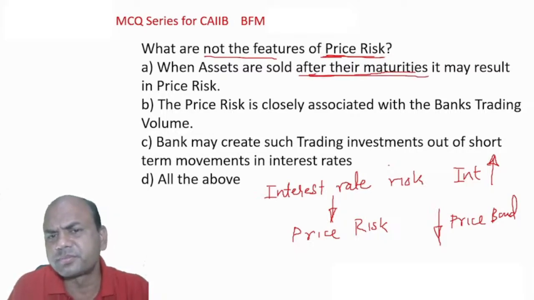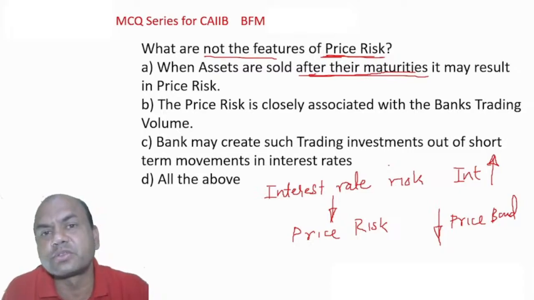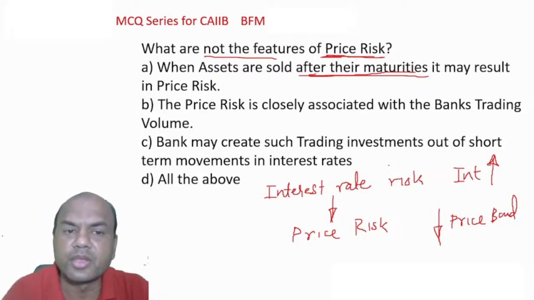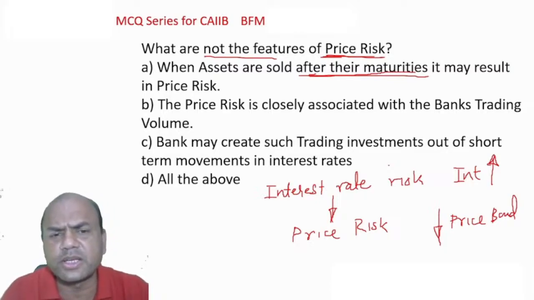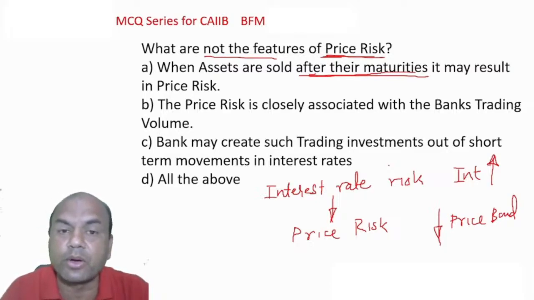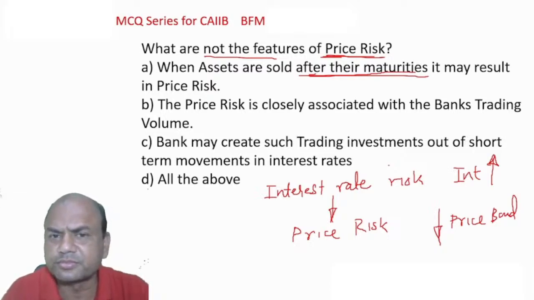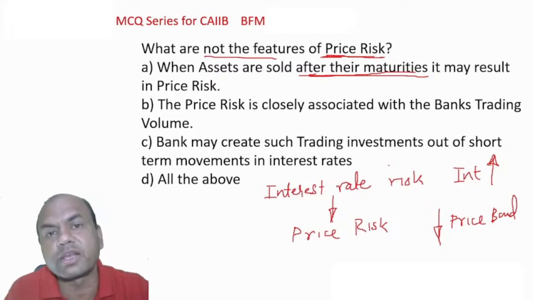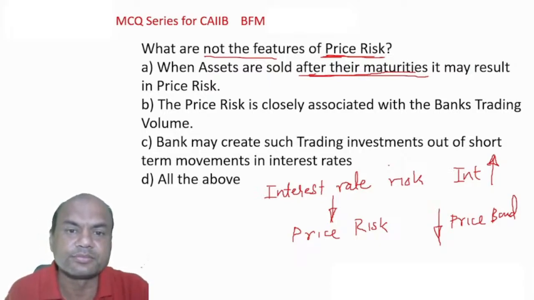Is it so? When assets are being sold after their maturities, I'm holding those assets with me. So it may result in price risk, means the price may go up or down. It will never, because after the maturity, whatever is the final amount, I've got it. When I take it is a separate aspect altogether.